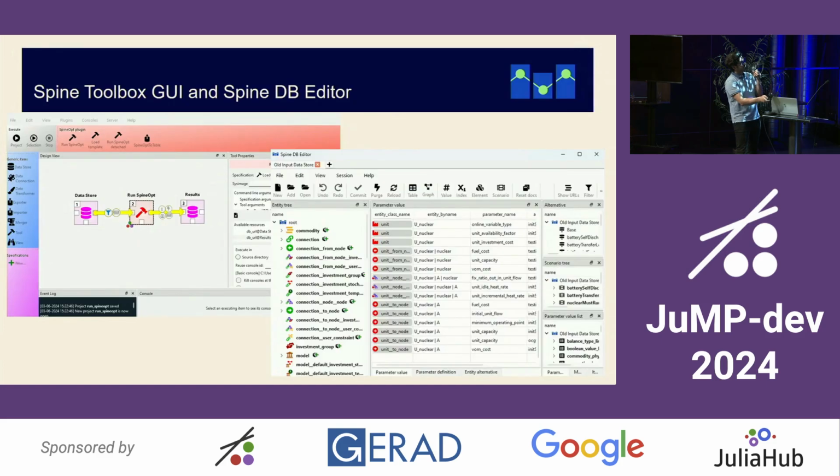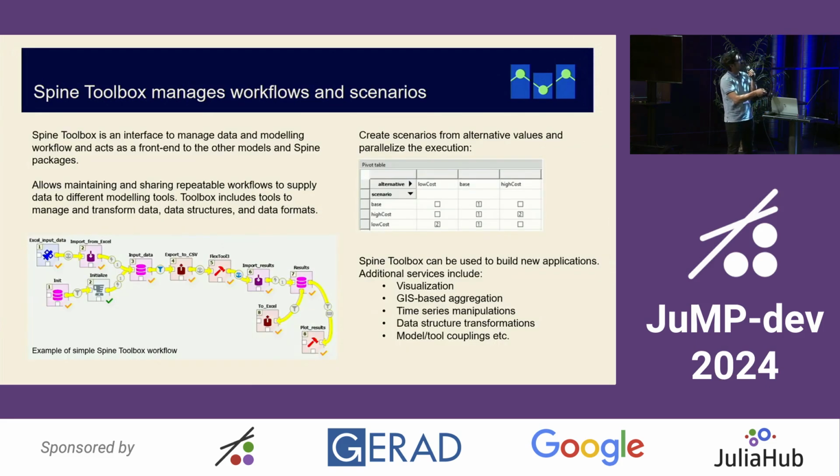Spine Toolbox, very quickly. This is the user interface, and you can see that it's really nice. You can put boxes on the canvas like blocks, and you start having all the data in a nice interface that the user can define. You can define the workflows, have different scenarios, and define different alternatives.